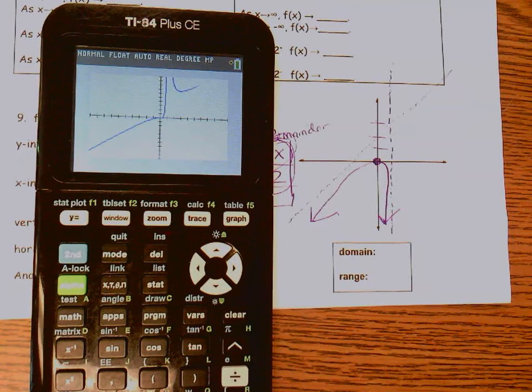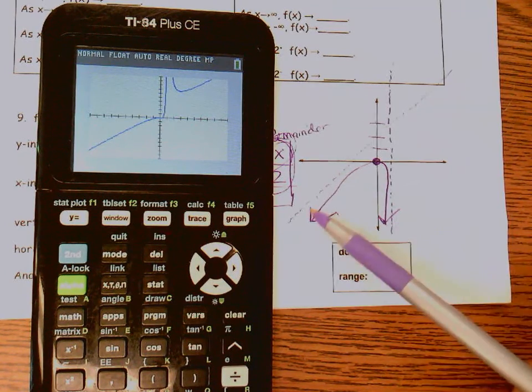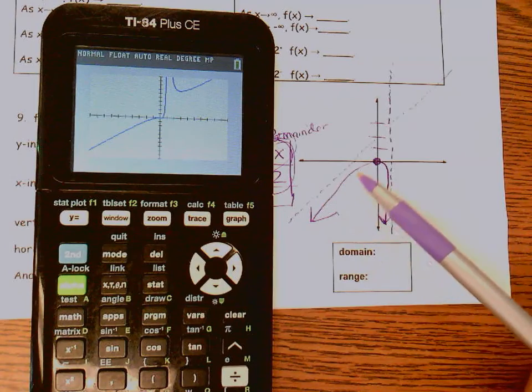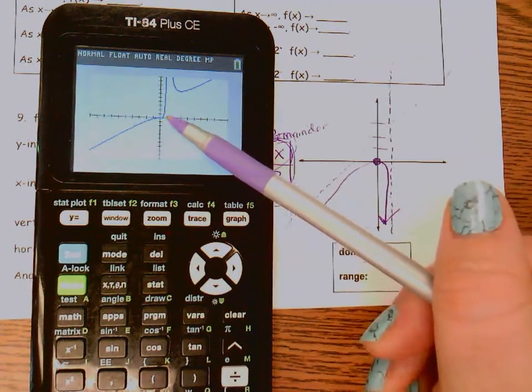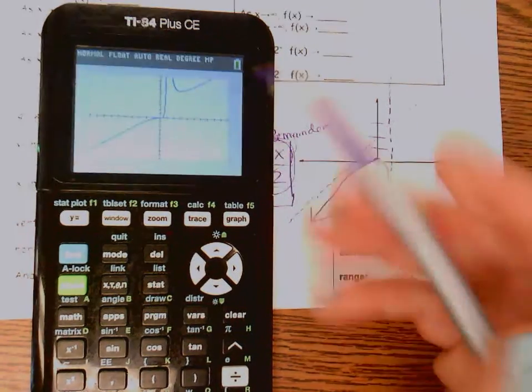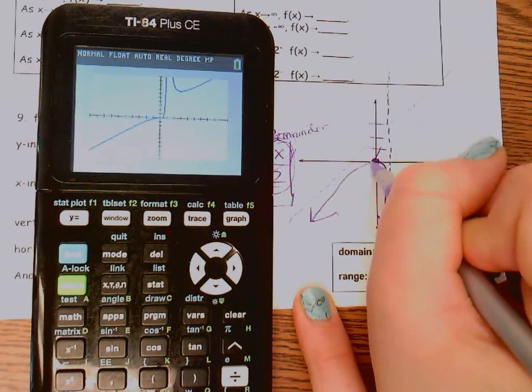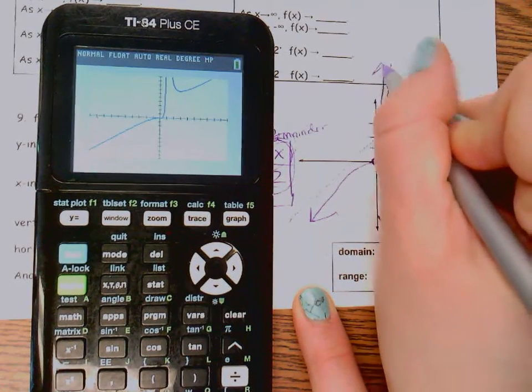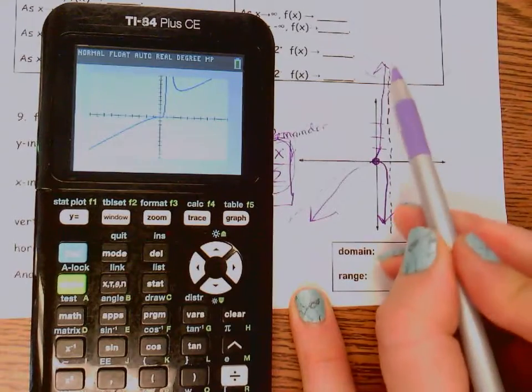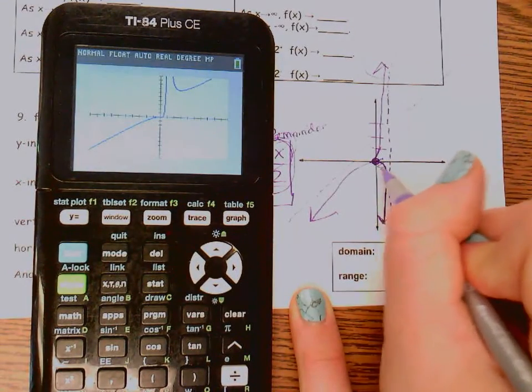Oh, so it did do a weird thing. So this part of the graph behaved asymptotically, and then see how this part actually shot up and became positive. So there was an x-intercept. It does behave asymptotically because here it's approaching that asymptote, but sorry, misled you.